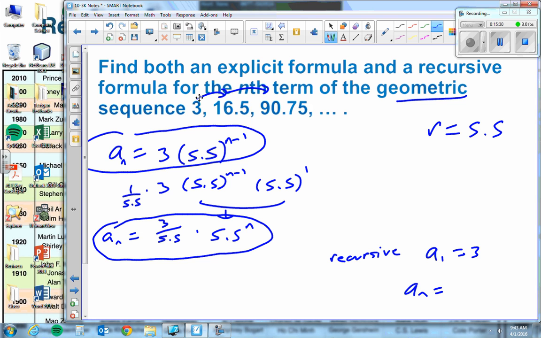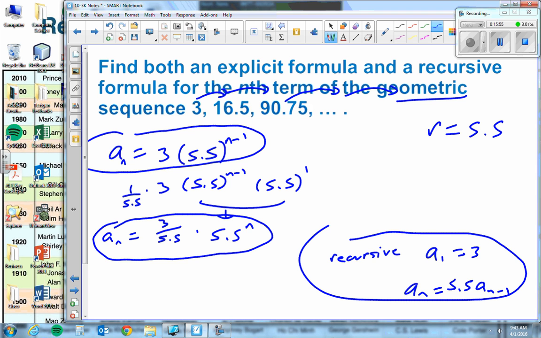In other words, what do you do with the 5.5 and the 3 to get the next term? Multiply or add. Multiply: 3 times 5.5 is this. 16.5 times 5.5 is this. And then times 5.5 gives you the next term. So I'm saying it's always 5.5 times the previous term that gets you the next term. And it's always going to look like that for geometric.